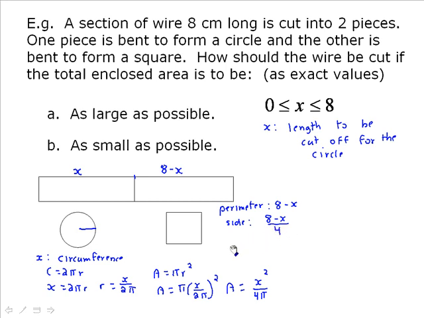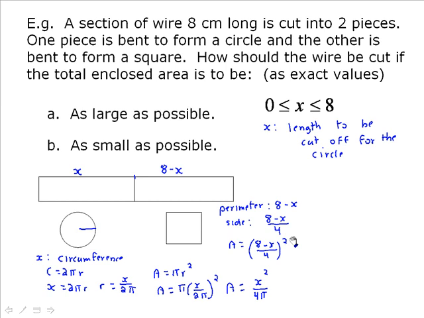Then the area for a square would be that side, 8 minus x over 4, squared. So now we have two formulas representing the area of the circle and the area of the square.